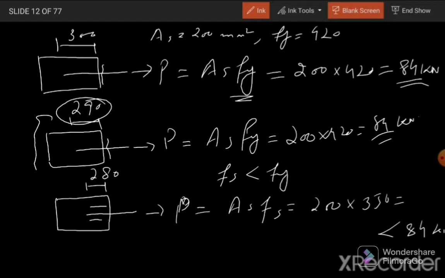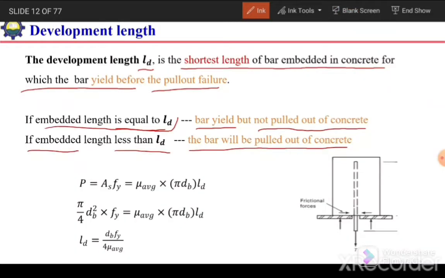If we go on increasing the length, it will not give us any benefit. So this minimum embedded length at which we get our desired result is termed the development length. That's why we say it is the shortest length at which the yielding of the bar occurs before the pull out.